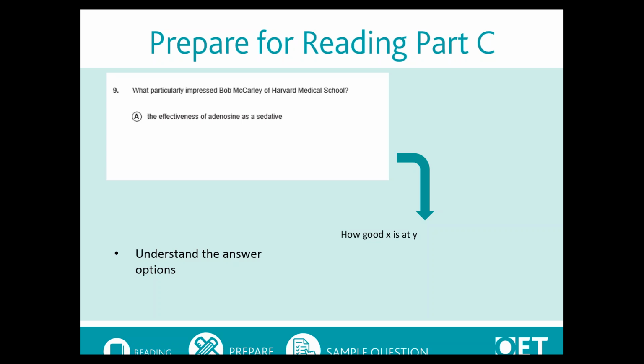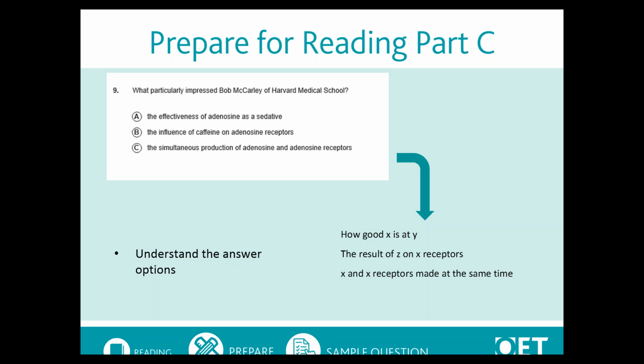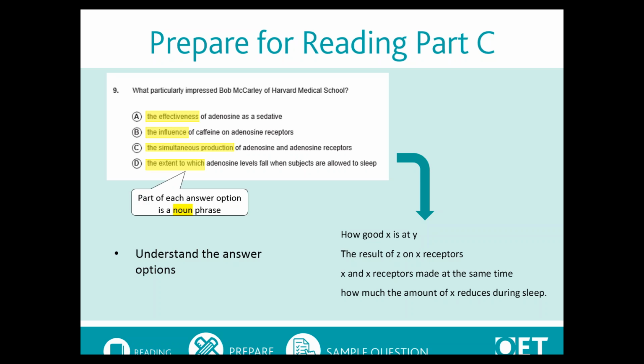We can see the meaning of the other answer options here. By summarizing each option down to its main points in this way, you are not only making it clearer for yourself to find the information to support or deny each option, but also to understand the differences between them.